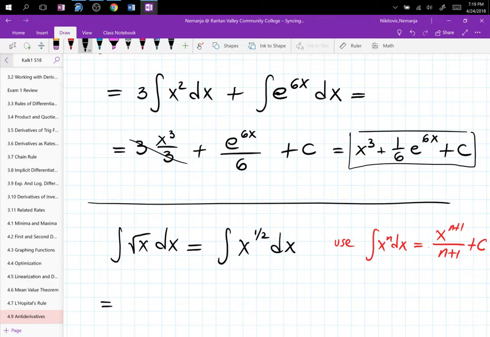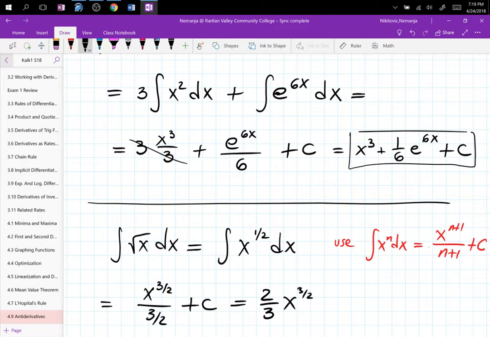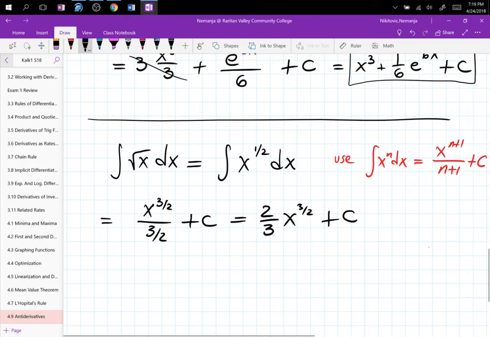So my exponent for x is plus 1, so I have x to the 3/2 divided by 3/2 plus c, which is 2/3 x to the 3/2 plus c, and we walk away.